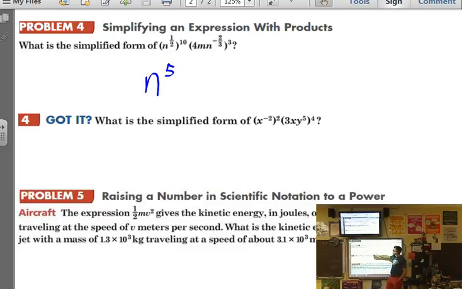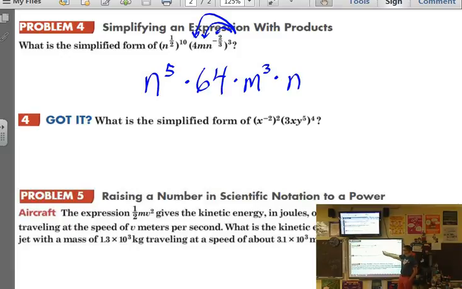Exactly, five. And then you distribute the 3 to all of the things inside the parentheses. So the 4 would turn out to be 64, and then m to the third, and n to the negative second.